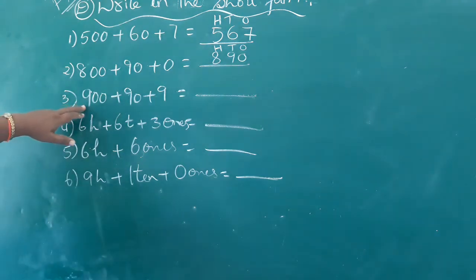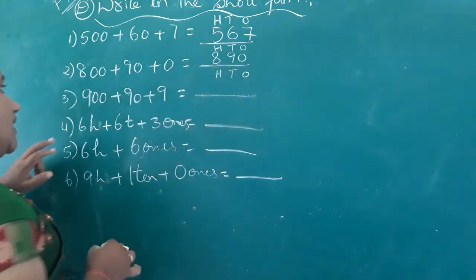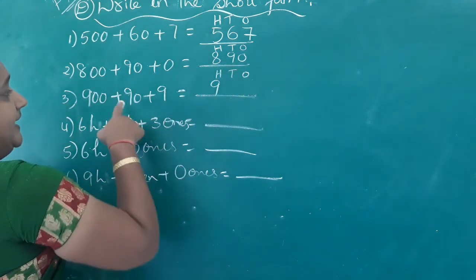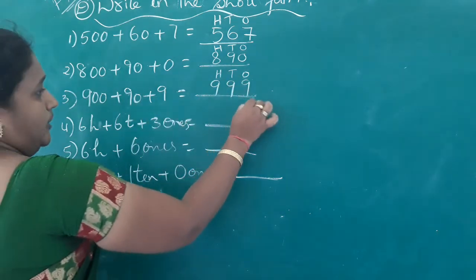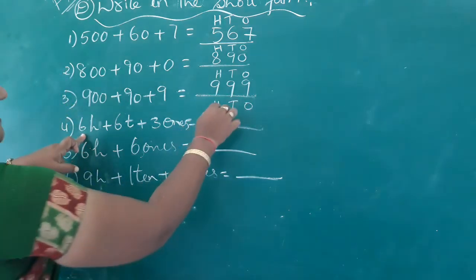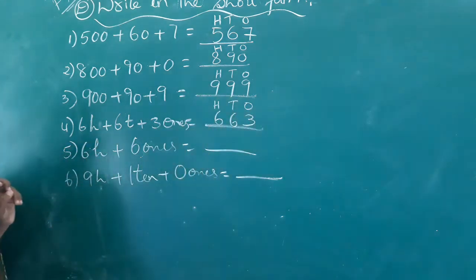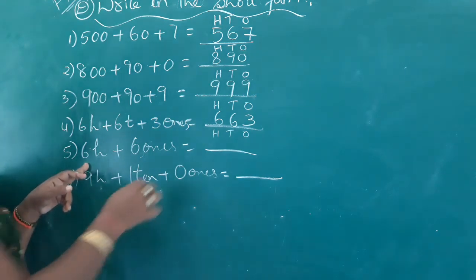Next, 900. Ones, tens and hundreds. How many hundreds are there? 9 hundreds, 9 tens, 90, and 9 ones. Next one also up to hundreds only. Here also given 6 hundreds, 6 tens, 3 ones. Next one up to hundreds only, 6 hundreds.